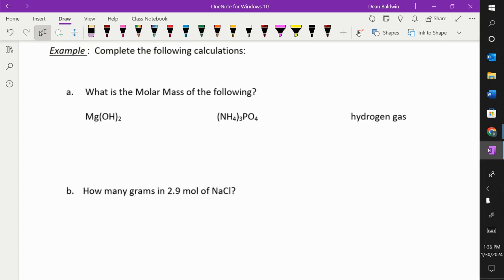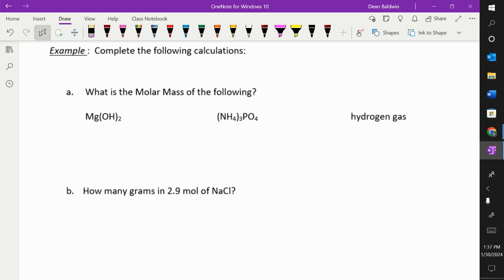What is the molar mass? What does it represent? The mass of what? The mass of 1 mole of that substance, right?